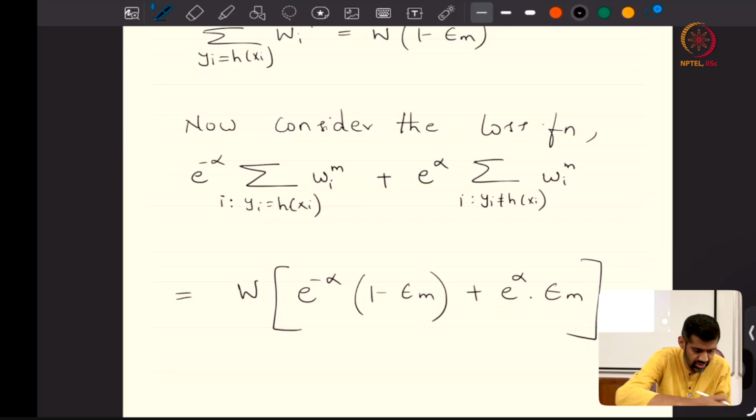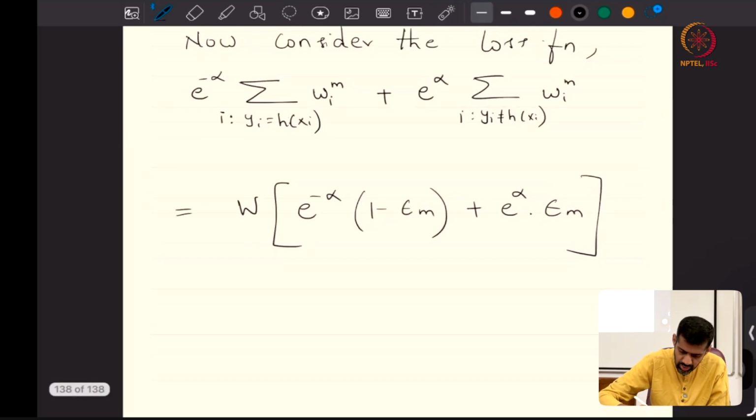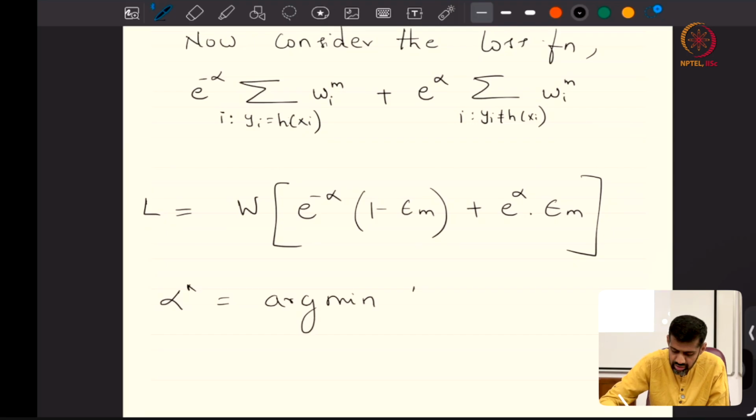What we need, this is L. So, now we will have to find an alpha star such that this L is minimized with respect to alpha.